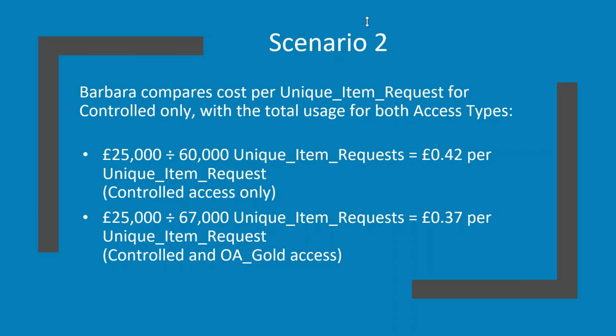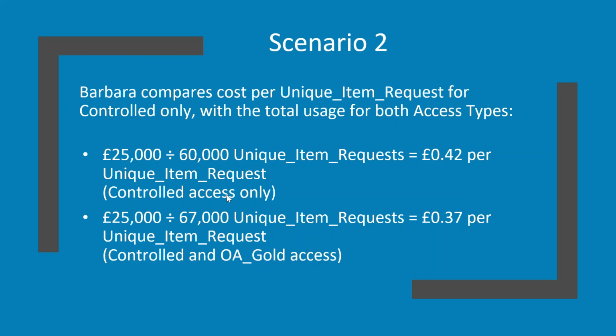But she could also run the same calculation taking the 67,000 unique item requests, so both the controlled and the OA Gold. And if she does that, you'll see that the cost per unique item request would be 37 pence in this case. But again, same calculation, whatever the currency that you're using.